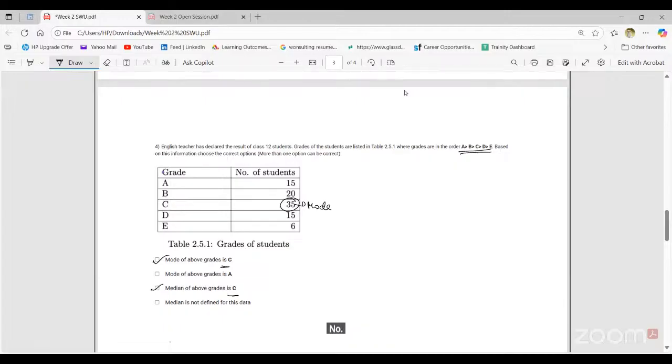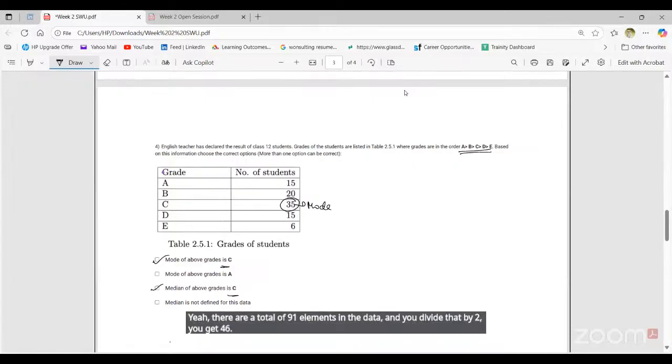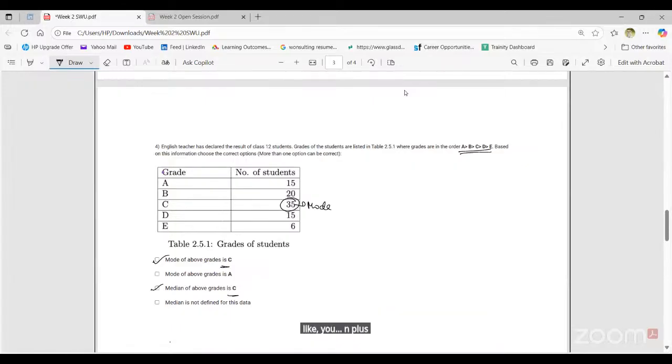No, I am asking how did you calculate? There are a total of 91 elements in the data, and using n plus 1 by 2, you get 46, and that will be the variable C, the 46th element of the data. Correct. You understood?